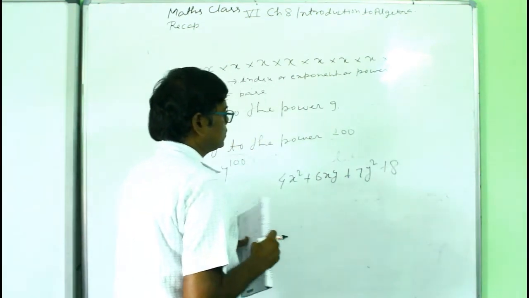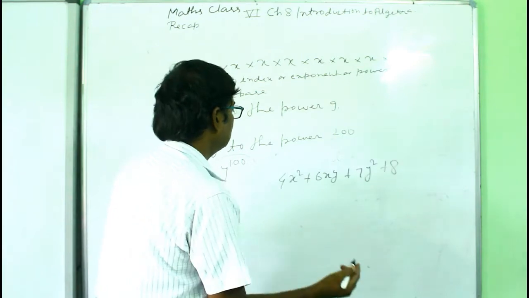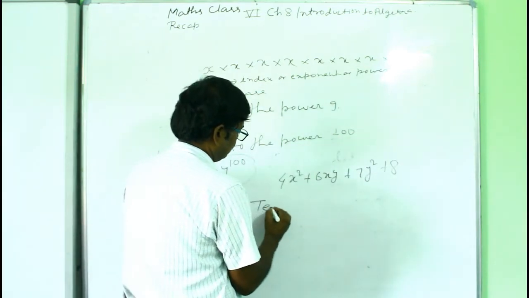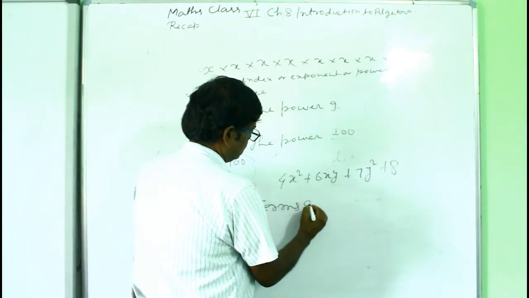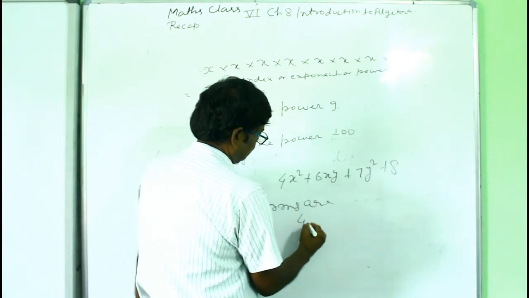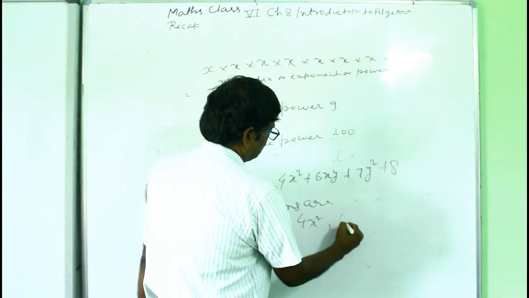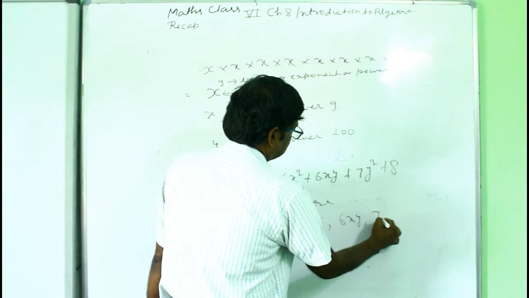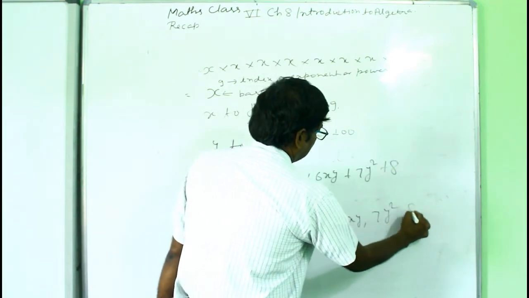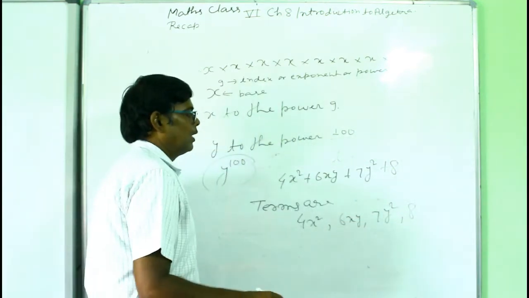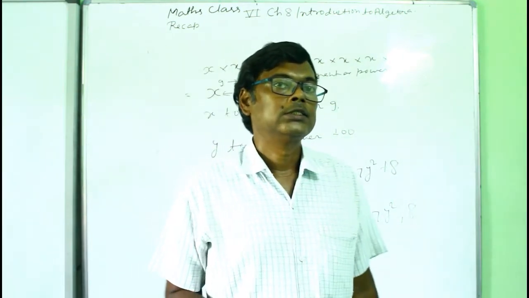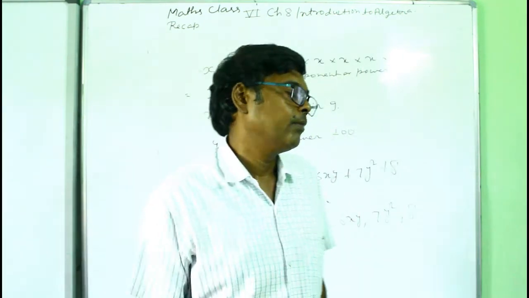So this is the algebraic expression. The terms are 4x square, then 6xy, then 7y square, and then 8. These are the different terms, and the terms are always separated by the plus or the minus sign.